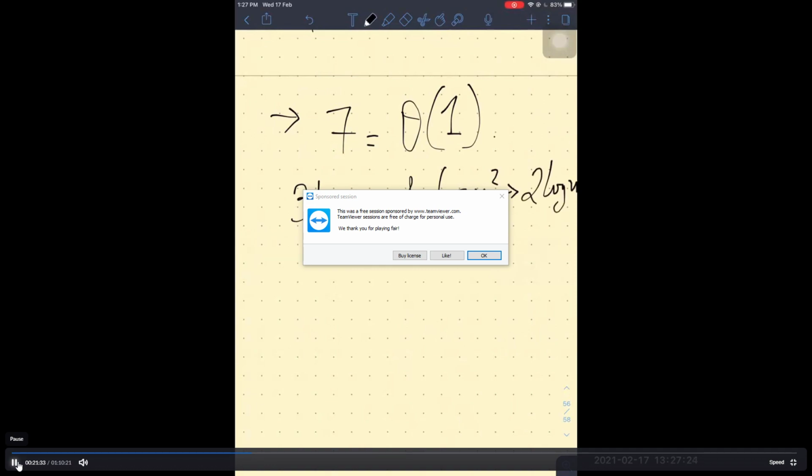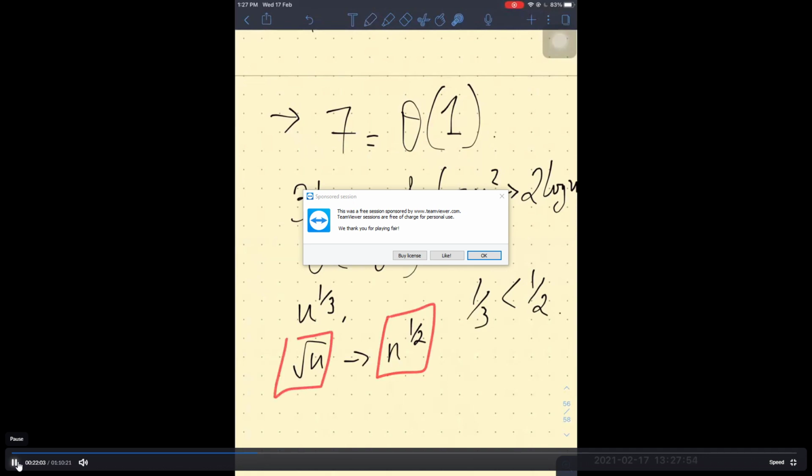So they have the runtime of theta log n. And then we have n to the power 1/3, then square root of n as n to the power half. So 1/3 is less than half. So square root of n will grow faster than n to the power 1/3.